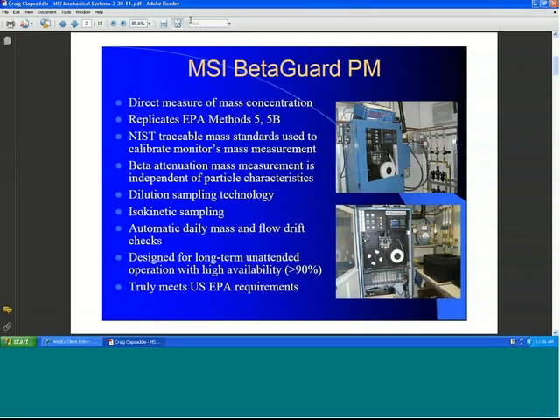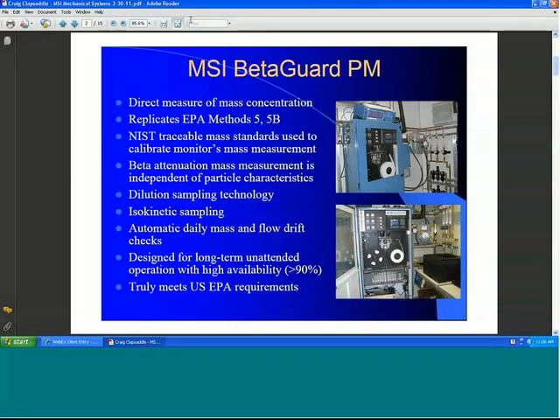One of the advantages of beta attenuation mass measurement is that it's independent of particle characteristics. So the accuracy of the mass measurement reading is not affected by changes in particle size, color, density, and things like that.